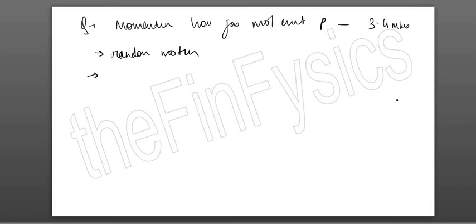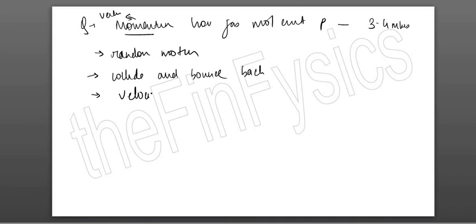Next point, you write that they collide with the walls of the container and bounce back. Now you have to remember momentum is a vector quantity. So when the molecules collide and bounce back, there is a change in velocity because the direction of velocity changes. Velocity is also a vector.